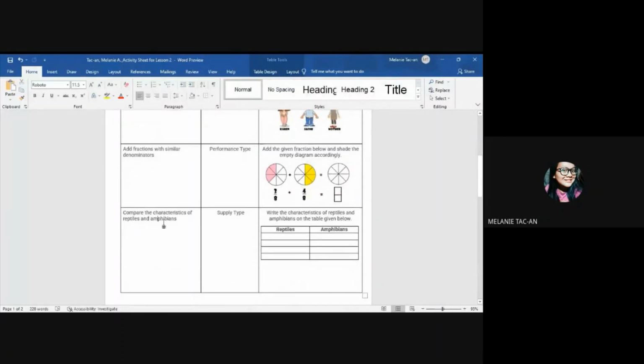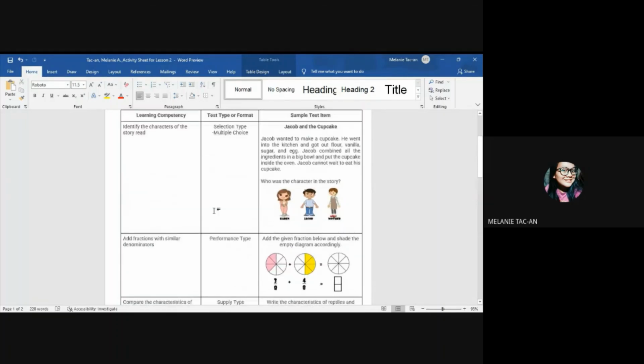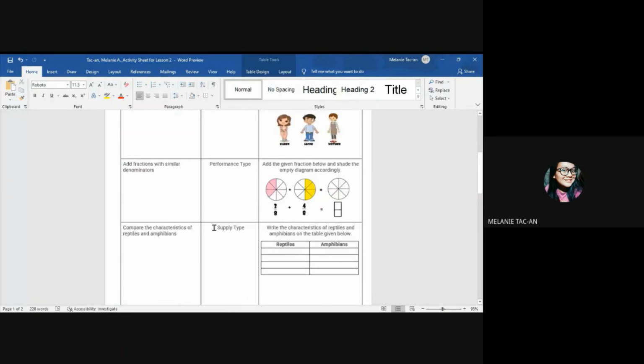Okay. Lastly is compare the characteristics of reptiles and amphibians. I classified it as a supply type of test. Students write the characteristics of reptiles and amphibians on the table below.